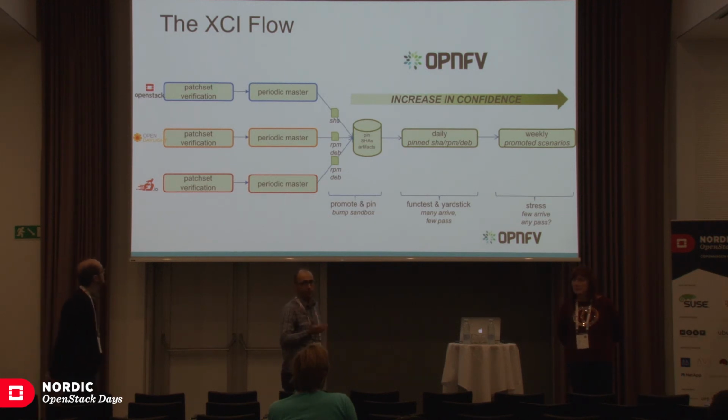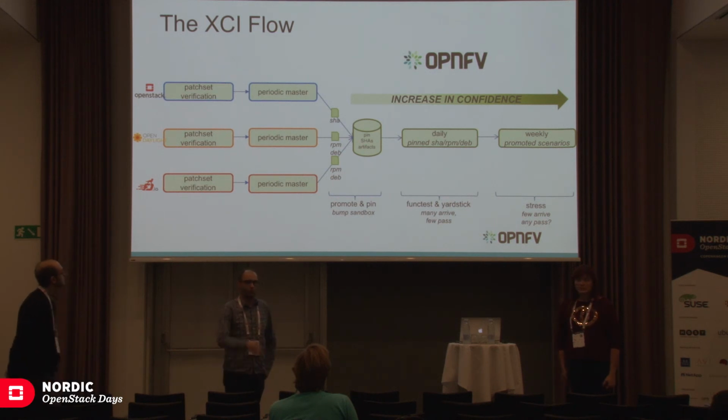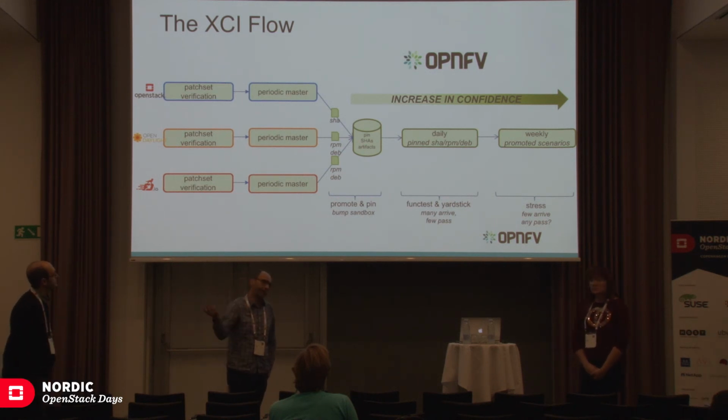Once the job is complete, we report the status back, success or failure, and we provide the logs and everything. So the upstream developer can take a look at the logs, fix the issue, amend the patch and get a new run. We directly report to the upstream Gerrits. We don't keep the feedback to OPNFV only. So if it is OpenDaylight, we report to OpenDaylight.